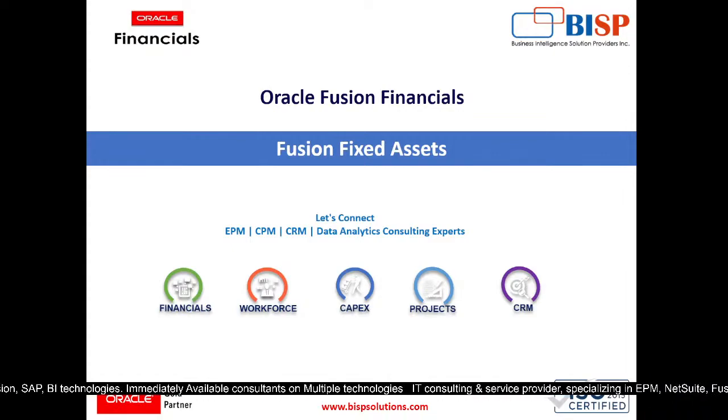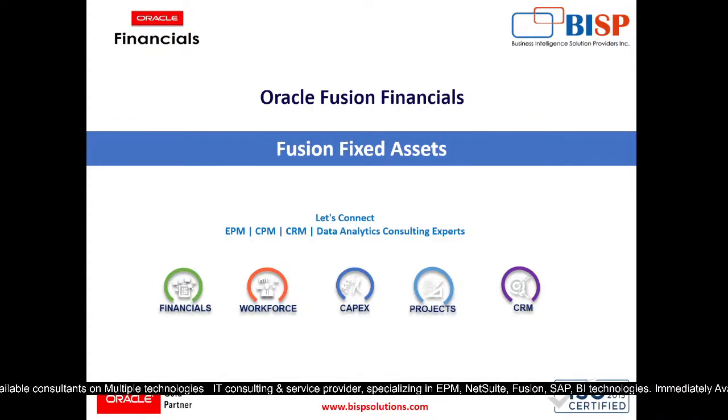We have covered various setups like how to create the calendar, the fiscal years, the prorate calendar, and how we create the asset key structure, the category structure, and the location structure.